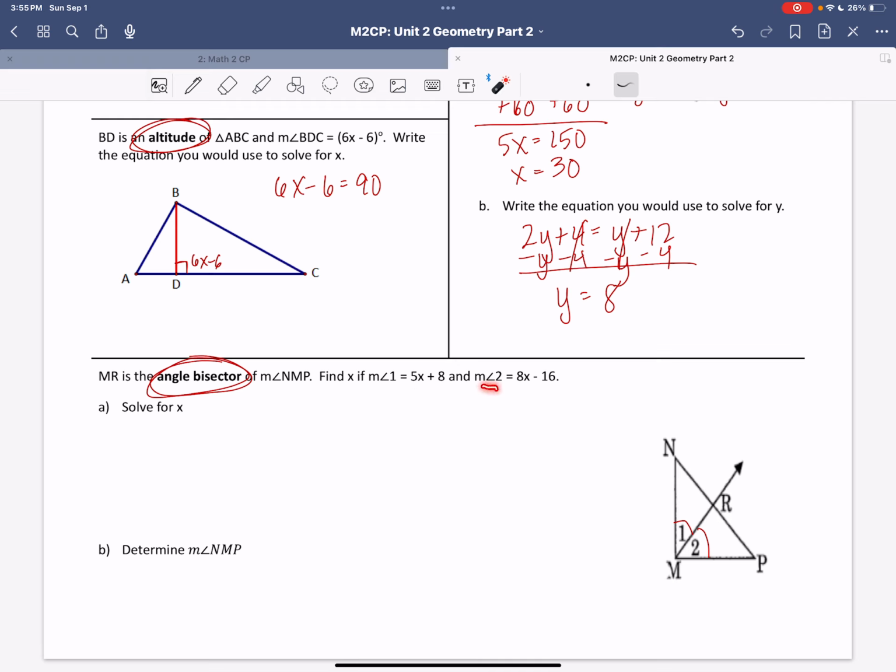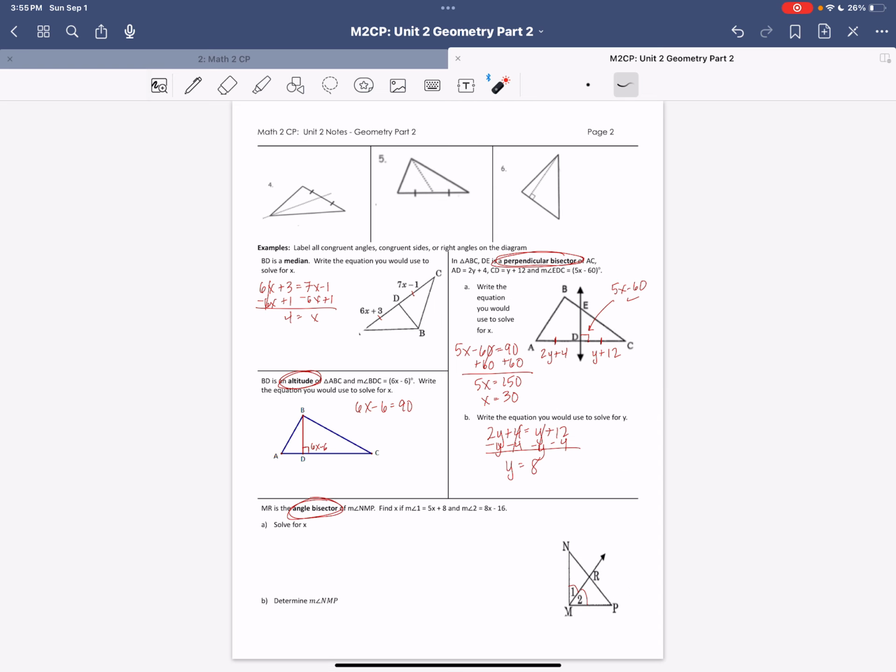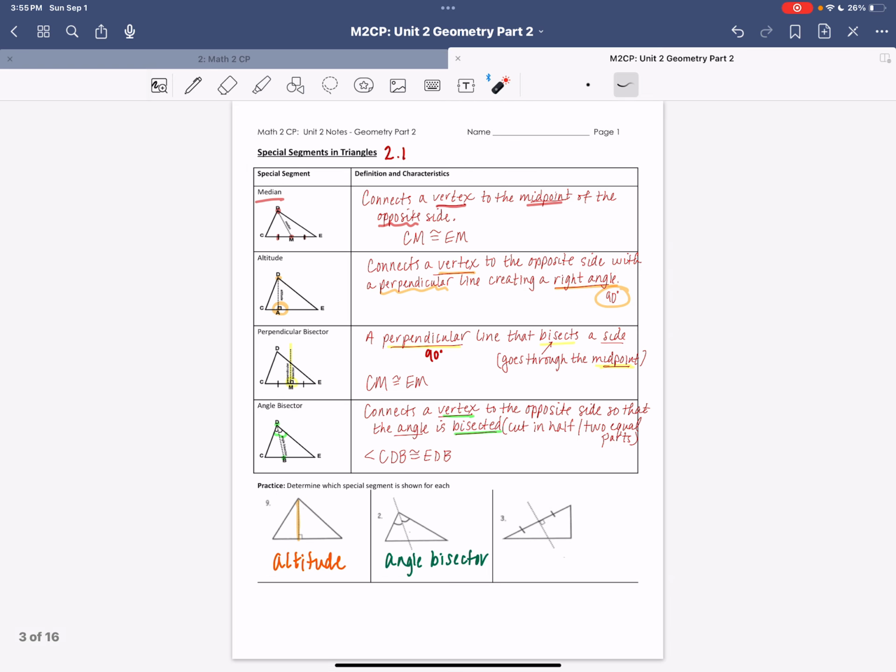And angle 2, which is this guy, is 8x minus 16. So solve for x first, then determine the measure of the angle in MP, which is total. All right, so you're going to finish this on your own. And then that is how you find special segments.